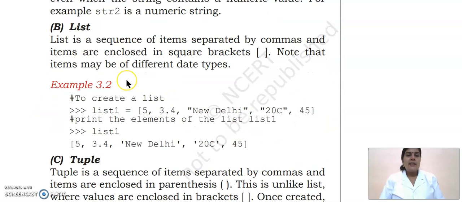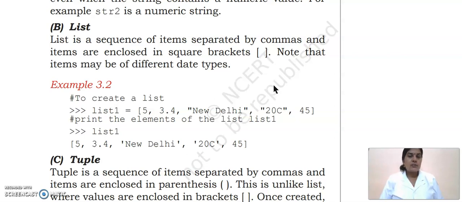Next is list. List is also a sequence of items. It is separated by commas and we use square brackets to represent a list. So items in the list are enclosed in square brackets. In a string we use single or double quotes.